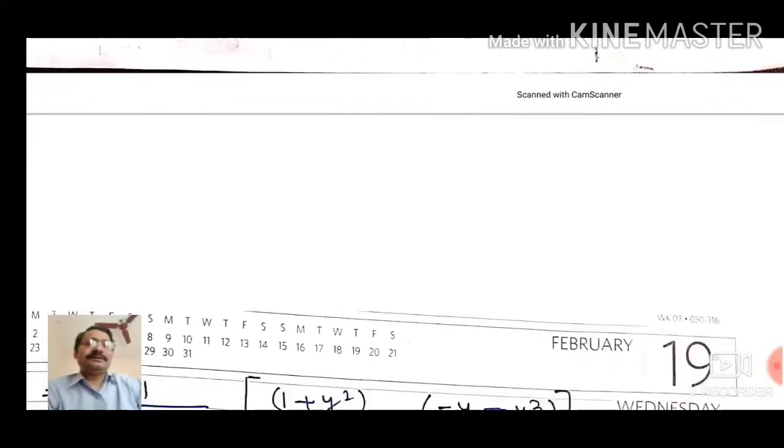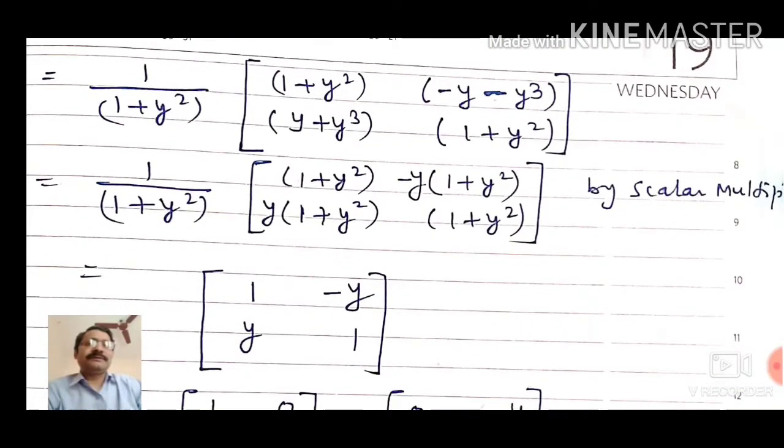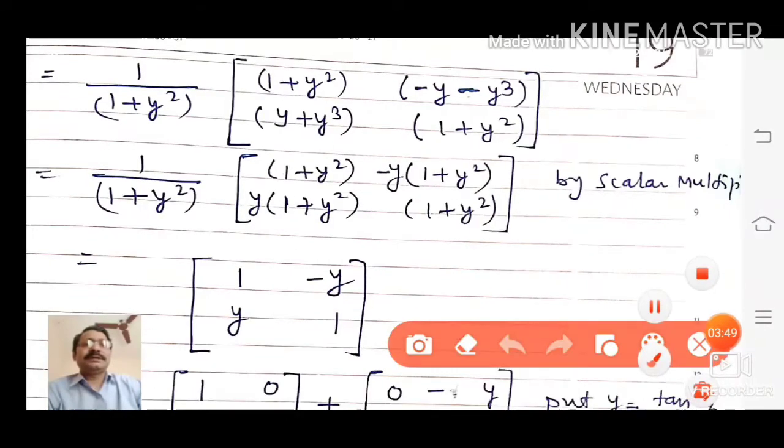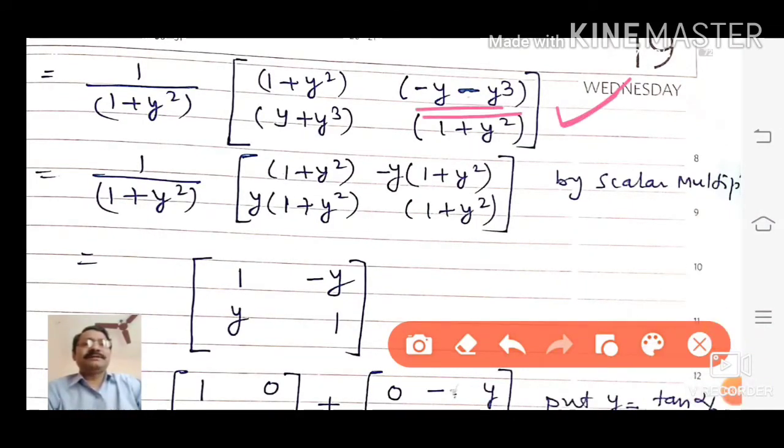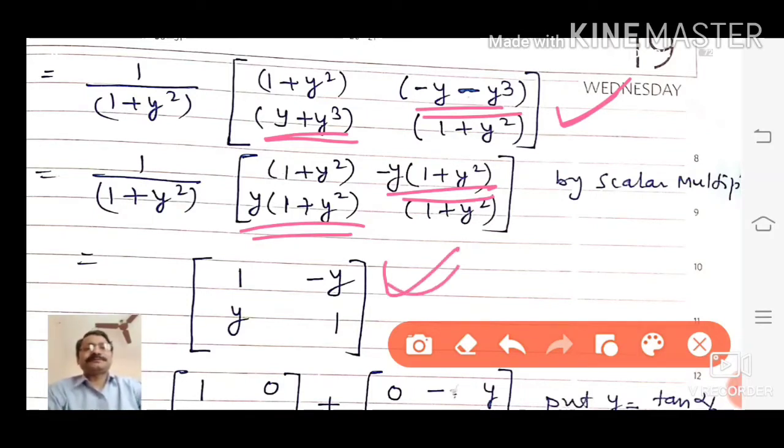Now you simplify and you will get this format. From this you take minus y common, and from this you take y common. Now after this you will get this format.